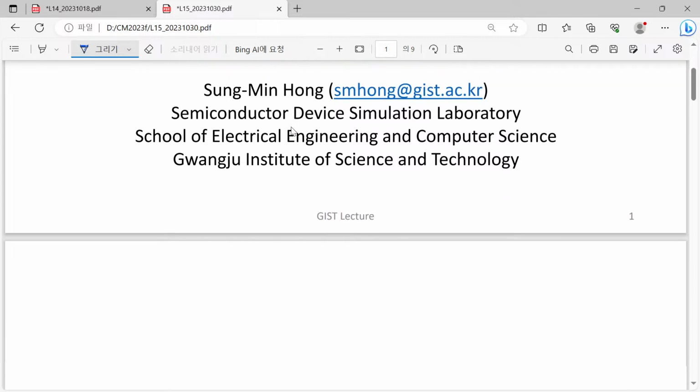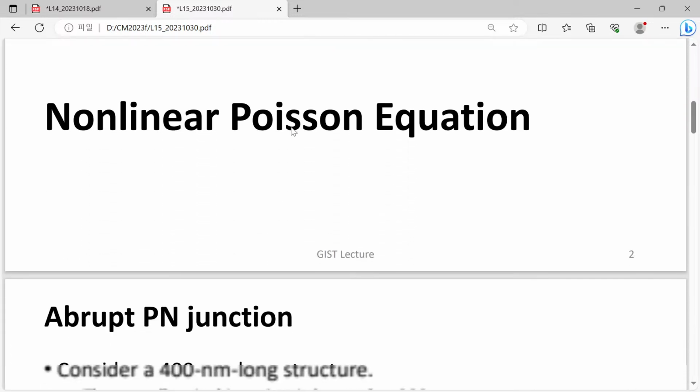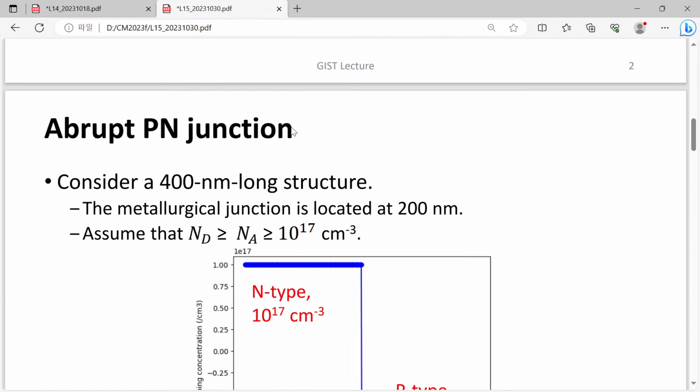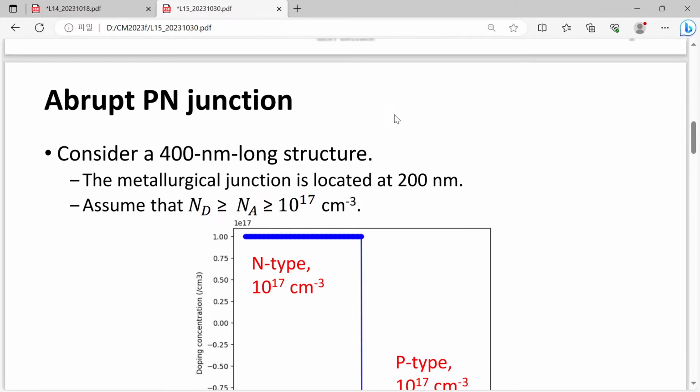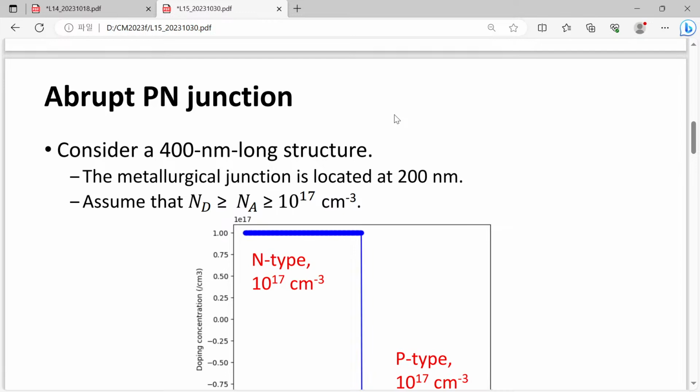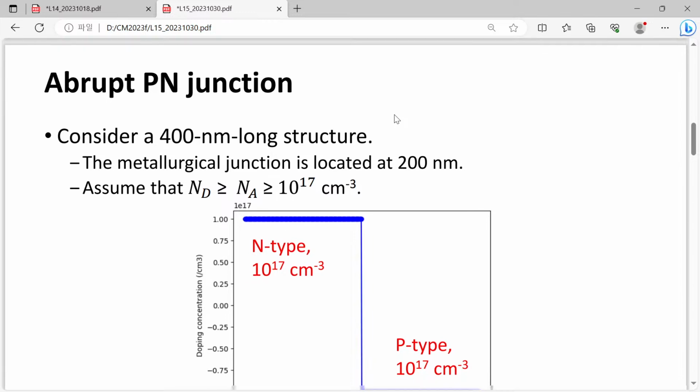So continuing our discussion, now consider another example. Our previous example was a double gate MOS system, 5 nanometer thick. But now we are considering an abrupt PN junction.